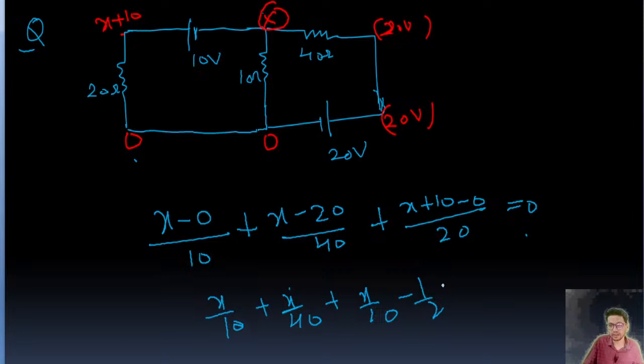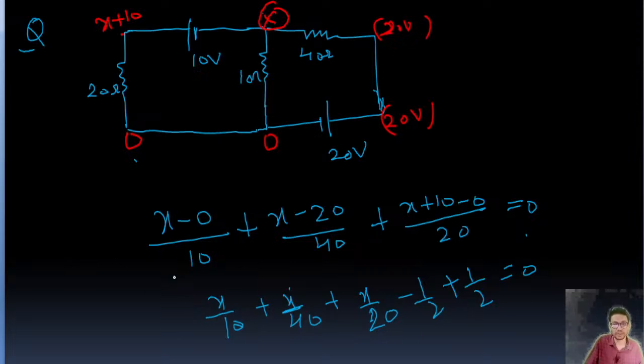And then plus 1 by 2. This is going to be equal to 0. So from here we can easily get the value of x, which is going to be 0, guys. If you solve it, very simple, the constants will get cancelled.